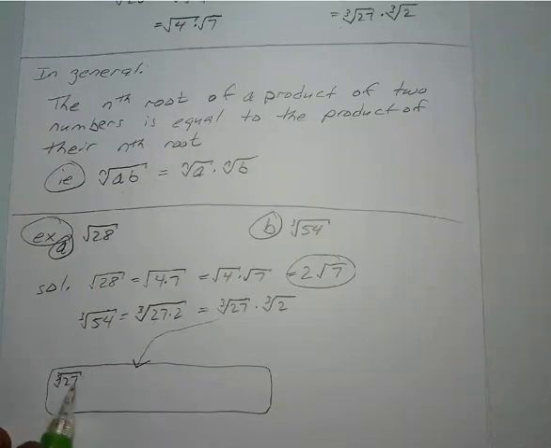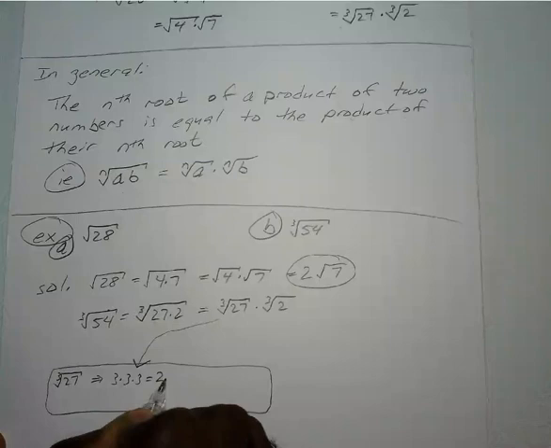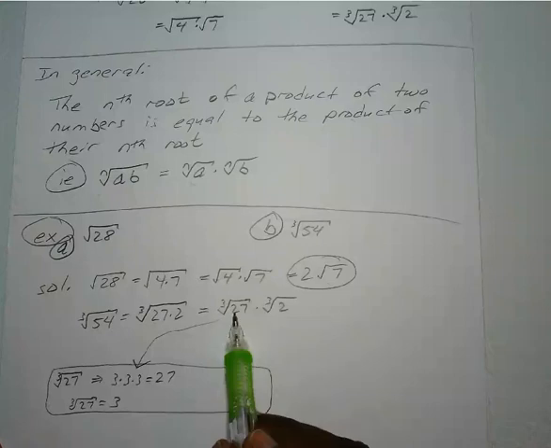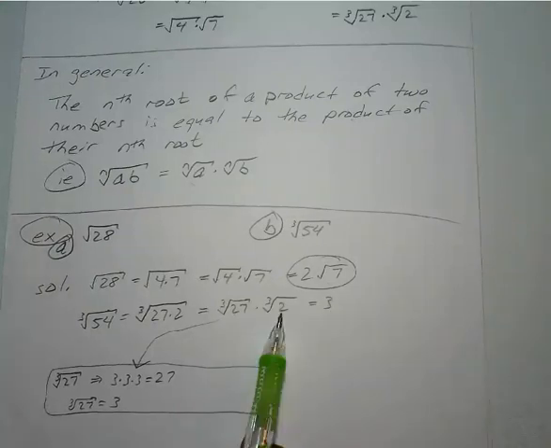Okay, so if you remember, 3 times 3 times 3 equals 27. So that means the cube root of 27 equals 3. Okay, so this cube root of 27 becomes 3. And the cube root of 2, excuse me, can't really simplify that anymore. So that's 3 times the cube root of 2.